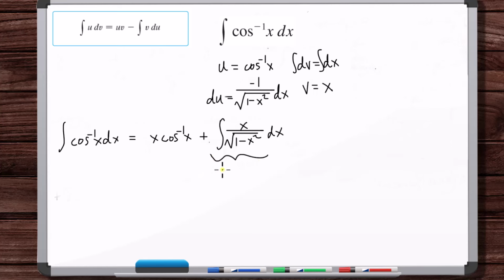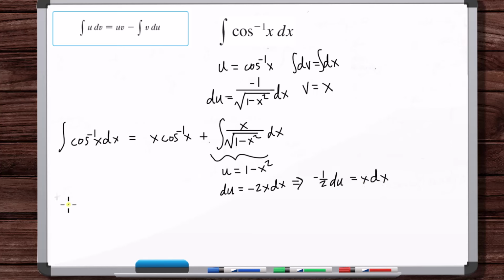We could say u is equal to 1 minus x squared. So du is equal to minus 2x dx. And therefore, minus 1/2 du is equal to x dx.